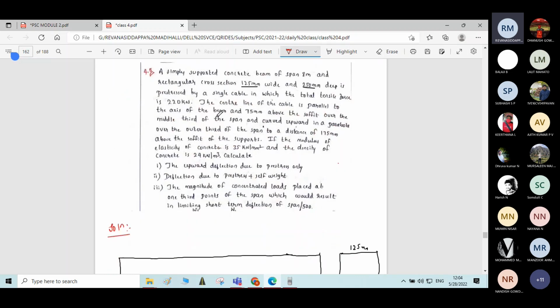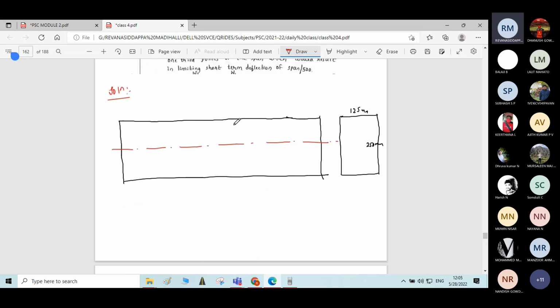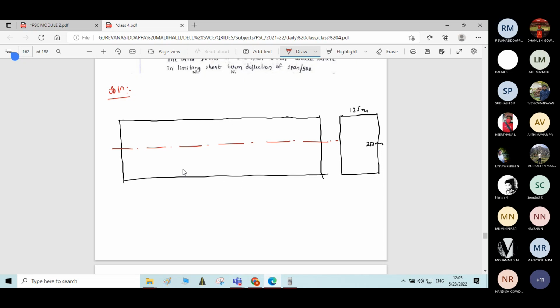Then coming to the cable profile, just go through it. The central line of the cable is parallel to the axis of the beam, and 75 above the soffit over the middle third portion of the beam.